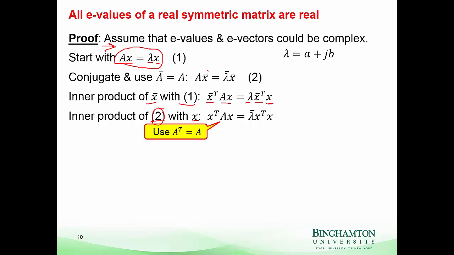So I need to transpose this, which will switch the order, and that gives me X conjugate transpose times the transpose of A, but A is symmetric, so no transpose on A. Then I'm coming in from the right with X. On the left side, I've got lambda conjugate, which I pull out in front, since it's a scalar. I transpose that, and then the X coming in from the right.